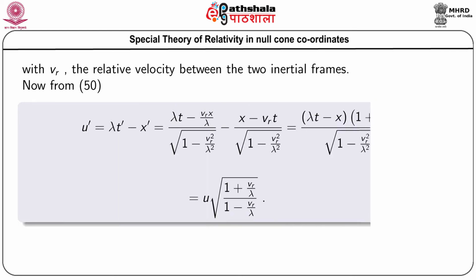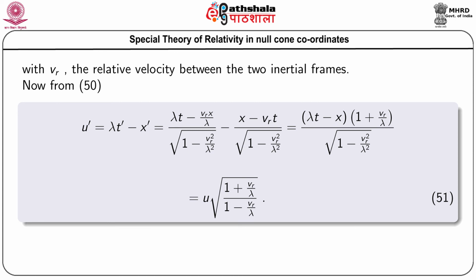So, u' takes the form λt' - x', equals λ(t - V_r x/λ²)/√(1 - V_r²/λ²) minus (x - V_r t)/√(1 - V_r²/λ²).